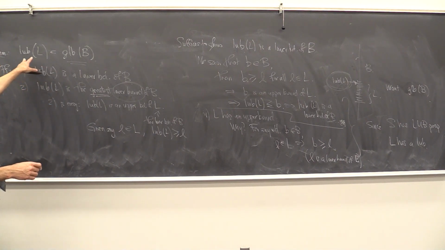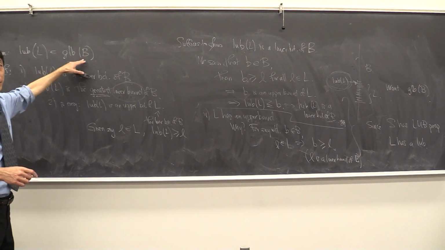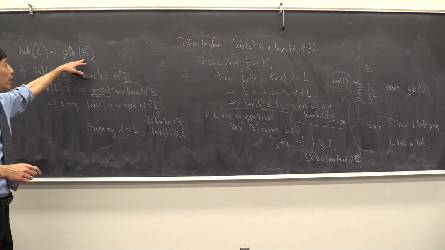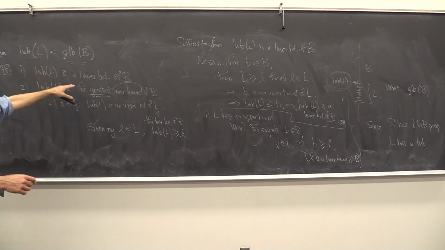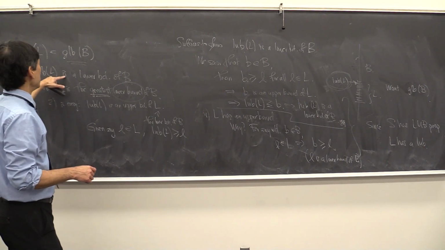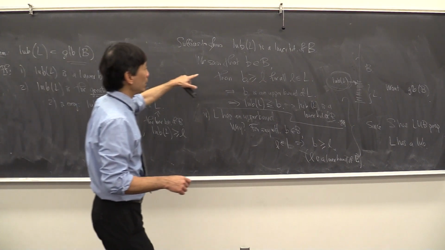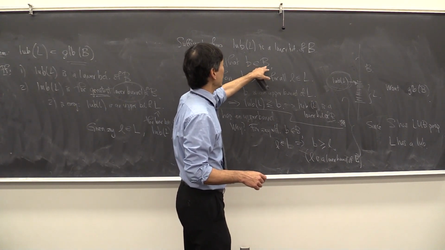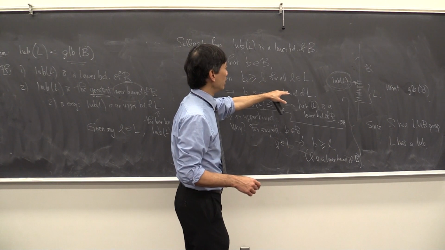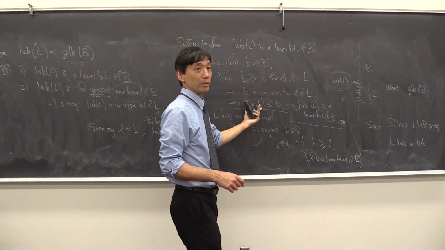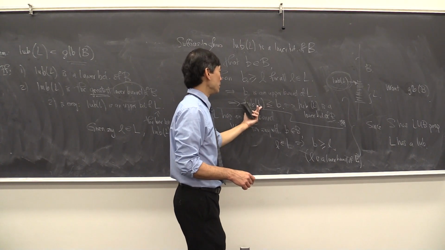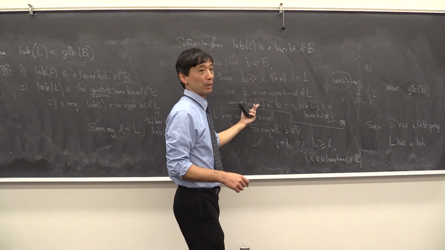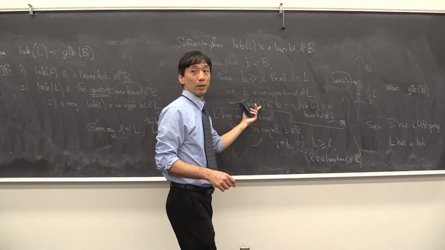We wanted to show that the least upper bound of the set of lower bounds was actually the greatest lower bound of B. And so what we did was we showed that this thing actually is a lower bound of B, because whenever you have anybody in B, that's an upper bound of L, and this is the least upper bound of L. So it's going to be less than or equal to that. So this thing is less than or equal to anybody in B. So this is a lower bound of B.